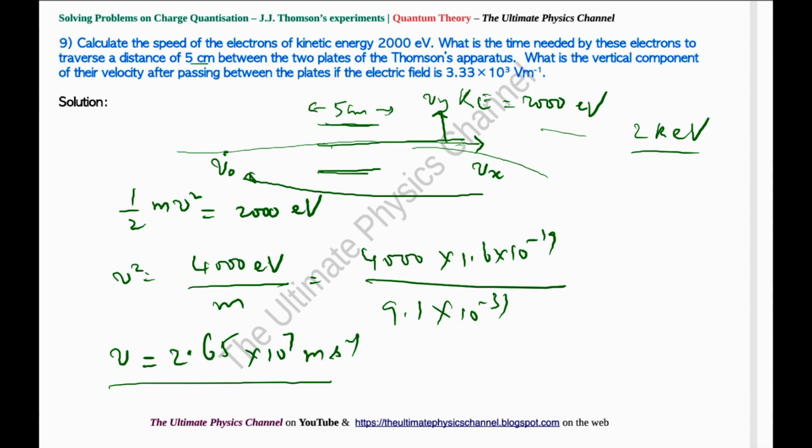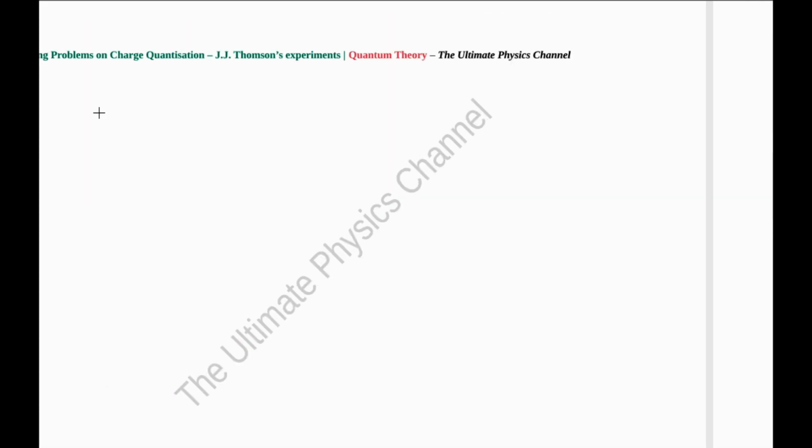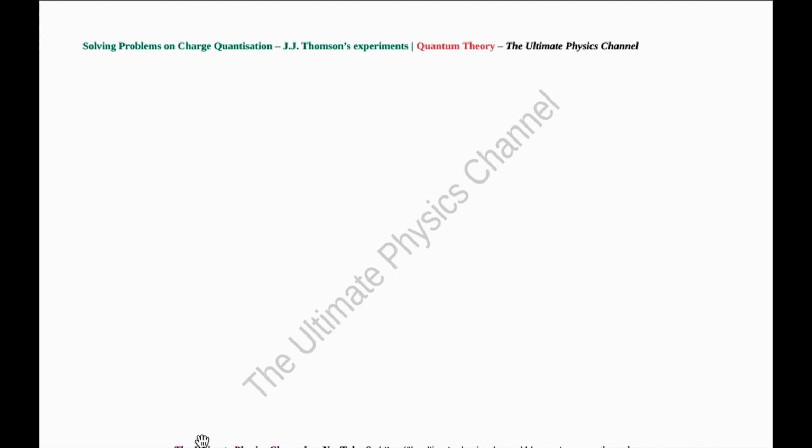So what changes is basically Vy. So we can say that the initial velocity V0 is equal to Vx, and that is our V we have calculated, which is 2.65 times 10 power 7 meters per second.